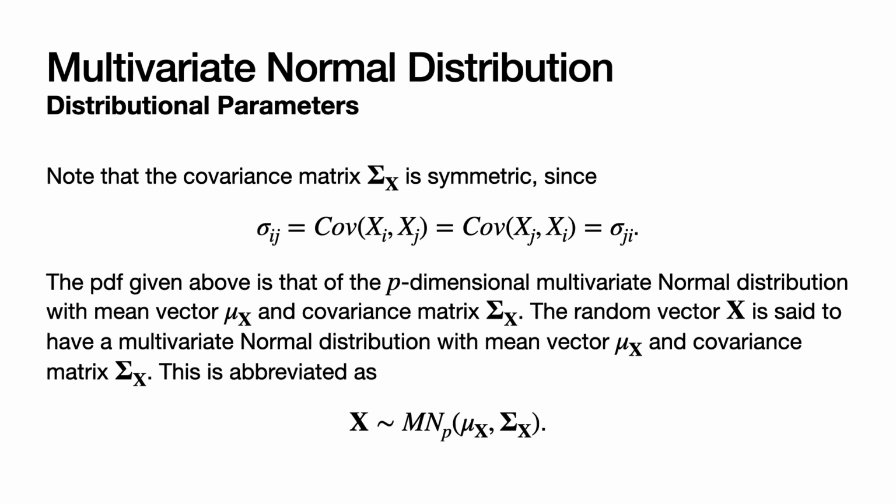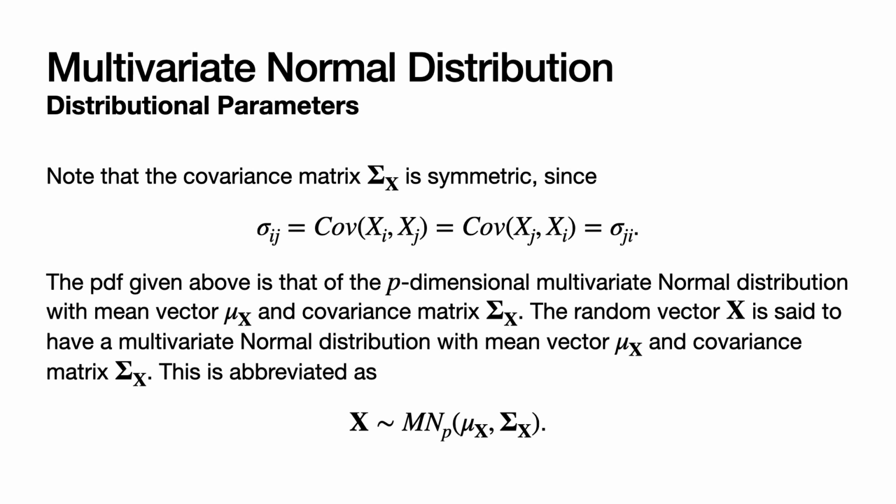Well, that second covariance quantity, the covariance of x sub j and x sub i, is sigma ji. And so we see here that sigma ij is equal to sigma ji, and so that implies that the matrix capital sigma sub x is symmetric.